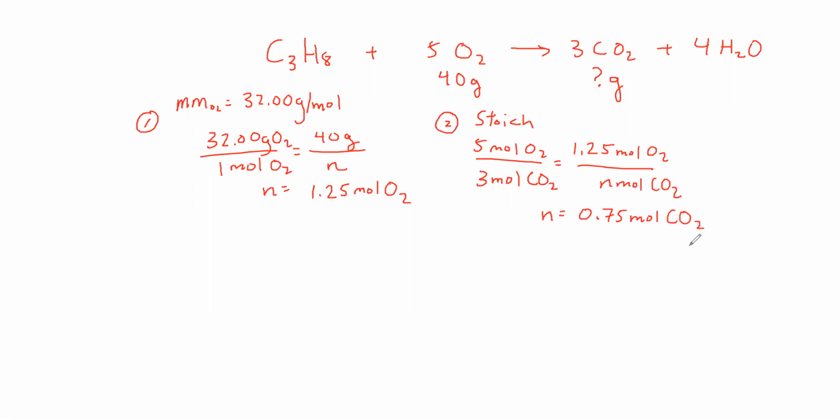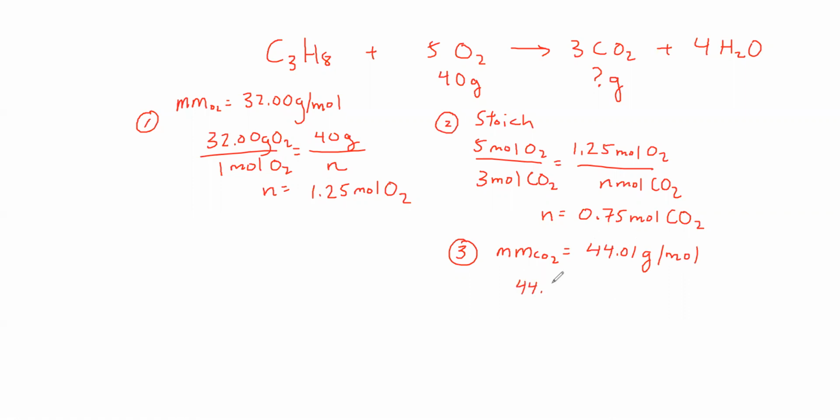Now, it's all fine and dandy if I said I wanted to know the number of moles, but because I want to make your life difficult, I want to find the amount of mass of CO2. So I then go ahead and find the molar mass of CO2, which happens to be 44.01 grams per mole, 12.01 grams from the carbon, and 32 grams from the oxygens to give you this number.